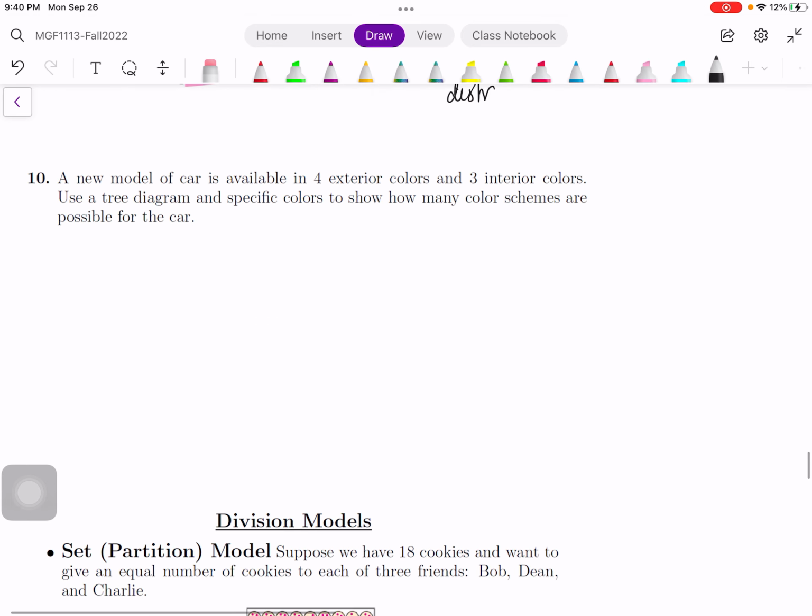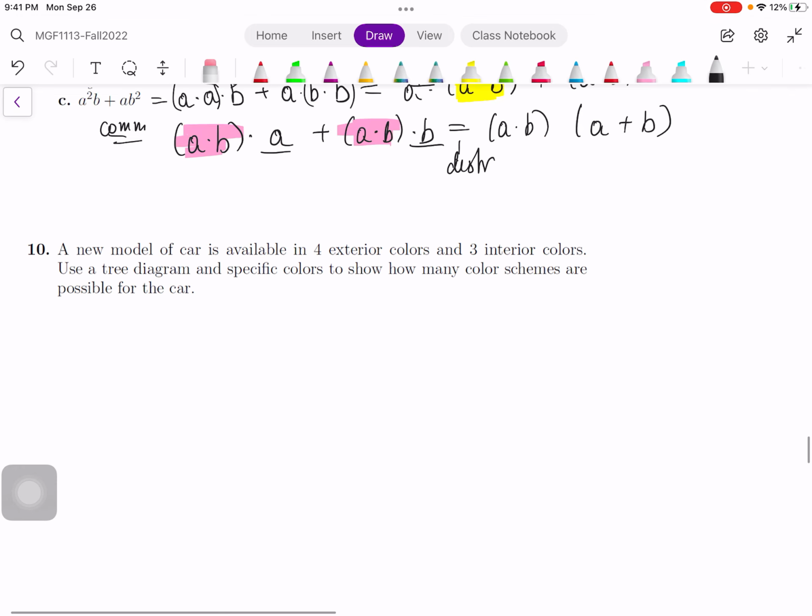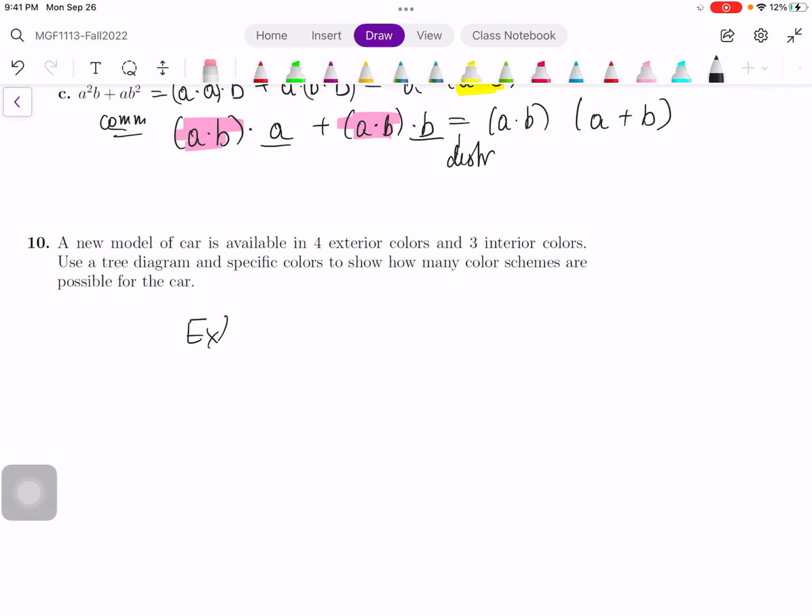And last thing, a new one about multiplication; we're going to move to division models in a minute. A new model of car is available in 4 exterior colors and 3 interior colors. Use a tree diagram and specific colors to show how many color schemes are possible for the car. So we have in the exterior 4 colors. I'm going to call it color exterior 1, color exterior 2, color exterior 3, and 4th color, right?